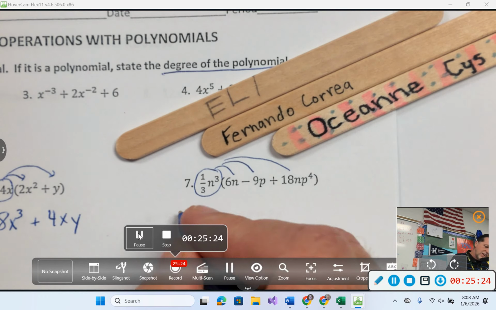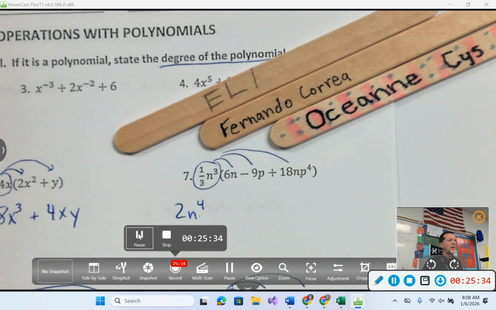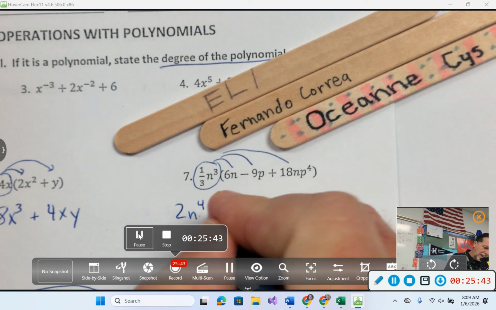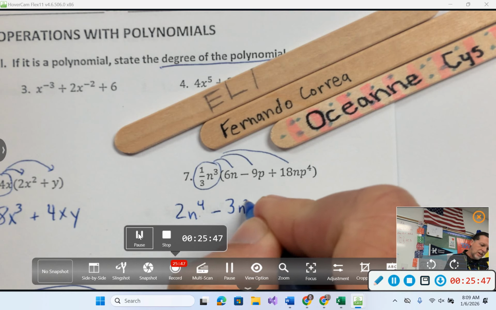Yep. Good. 2 in 4. Fernando, how about the second term? Okay. OCN, you see you're on the hook for the third term here in a minute. It'll be negative. Yep. Yes.